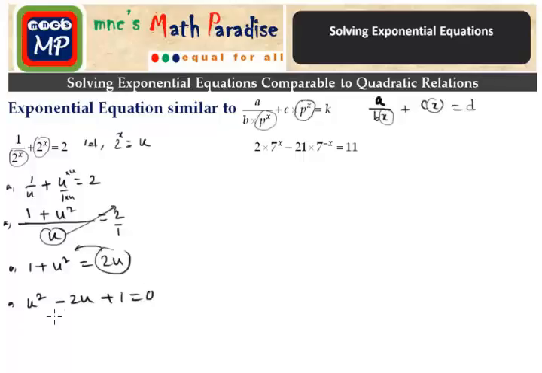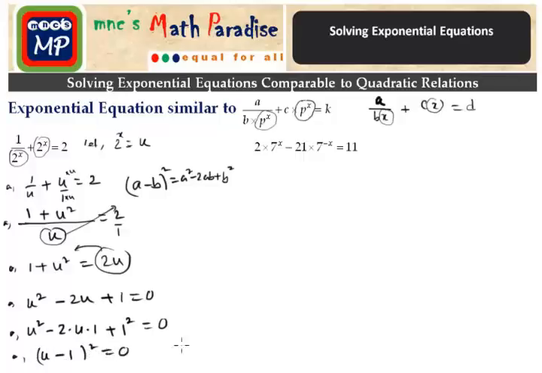So now here u square minus twice u plus 1, if we remember the perfect square formula, a minus b whole square equals a square minus twice ab plus b square, then u square minus 2 times u times 1 plus 1 square equals 0. So it will be u minus 1 whole square equals 0.